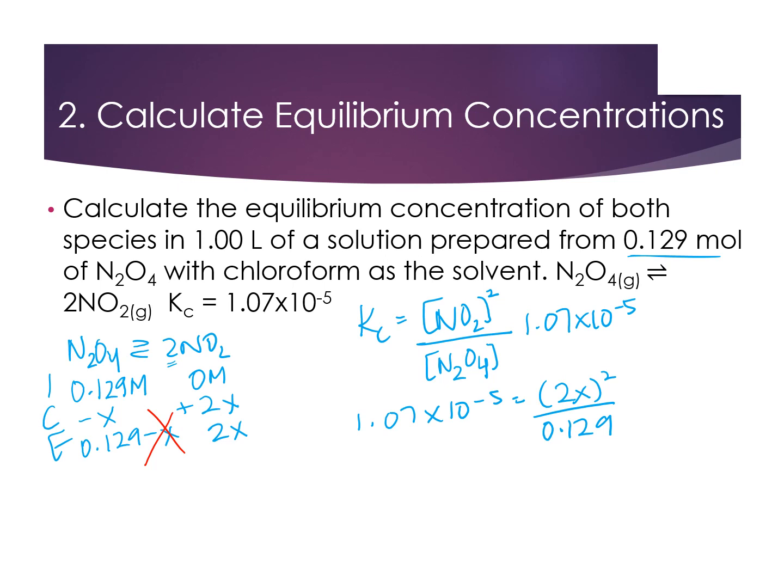Whatever X ends up being is going to be so much smaller than 0.129 that with rounding, my equilibrium concentration is going to be extremely close to 0.129. So I can ignore that X. Now, when I'm starting with 0, I absolutely cannot ignore an X there.